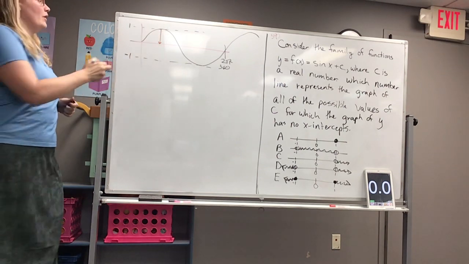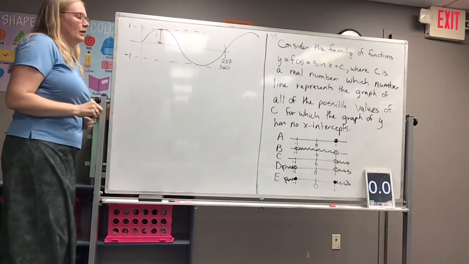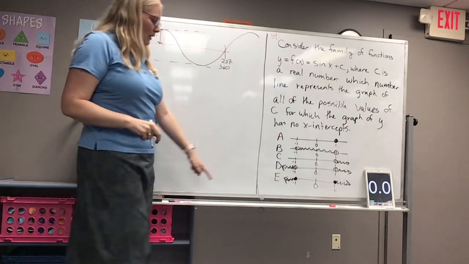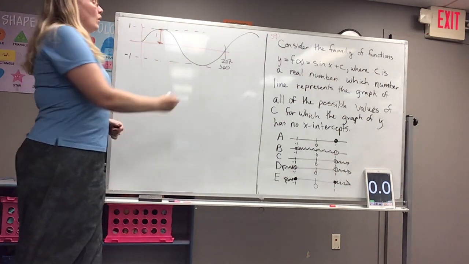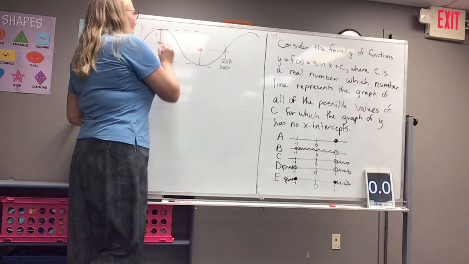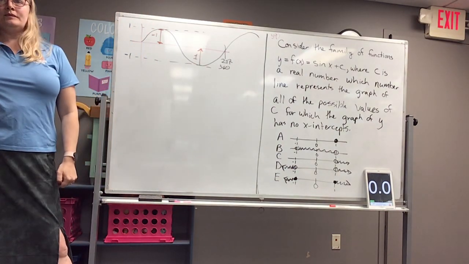It would have to move a distance of 1. It could move that distance in the negative direction if we moved it down, or it could move that distance in the +1 if we moved it up.